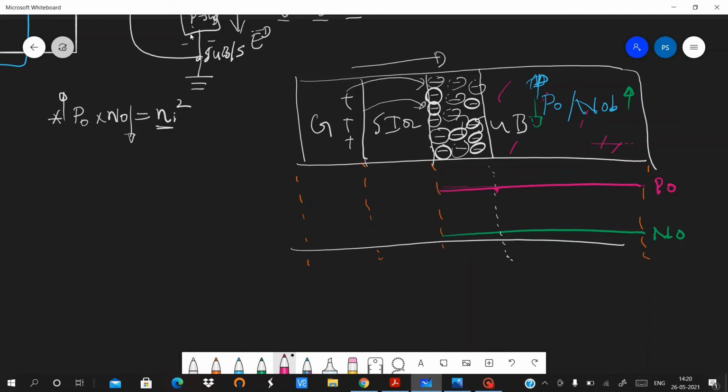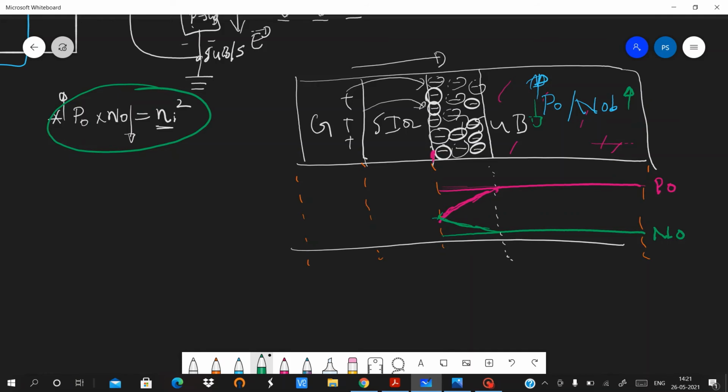Because they are combined with electrons and created ions, and when you reach this point it is completely less. So the concentration of P0 will start to bend like this. So if P0 is reducing, N0 has to increase. Why? Because of this formula. So they will increase like this.